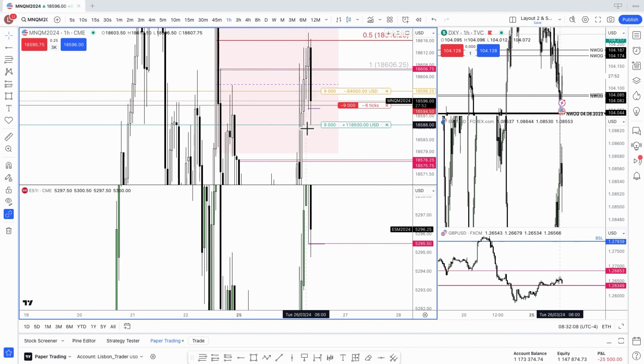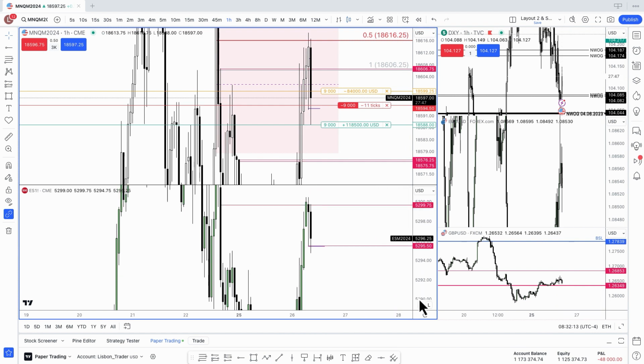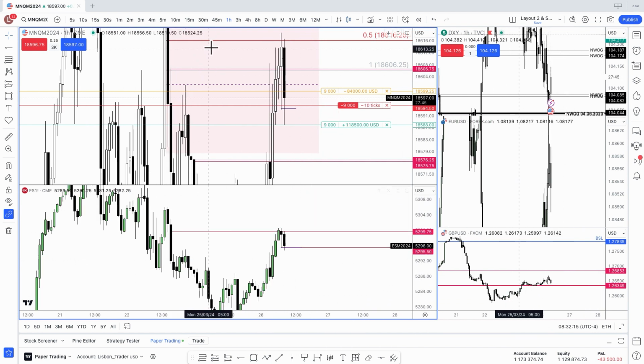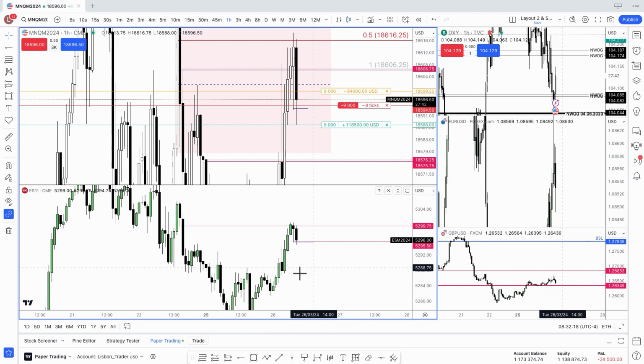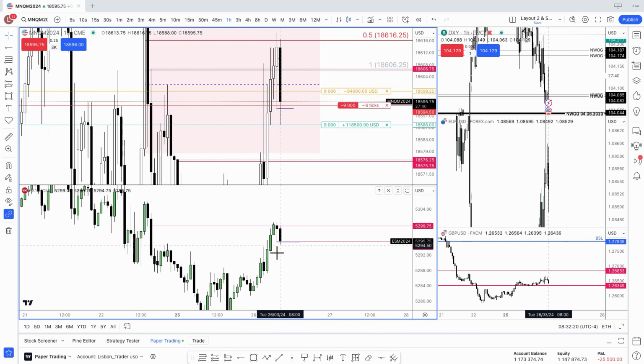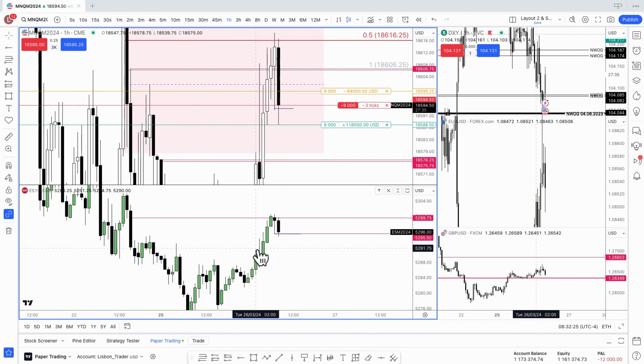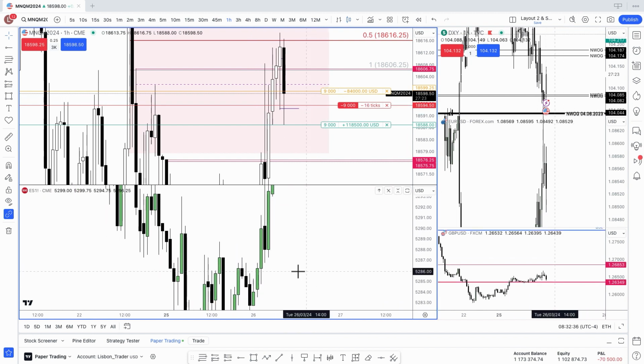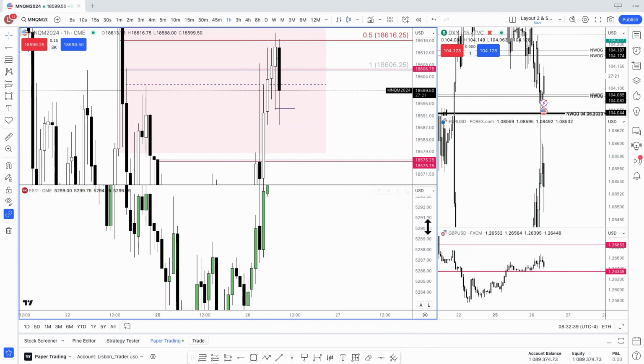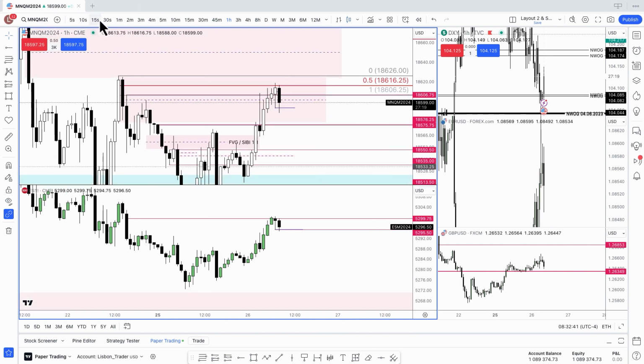So yes, took the sell side, but there's no major imbalances here on 1 hour. So this might need to keep on pushing lower to this order block. Well, it's not an order block actually. This is the one. That's the order block because this is what produces the imbalance. Well, no, on a 1 hour basis, there's not much imbalances here. So let's see.